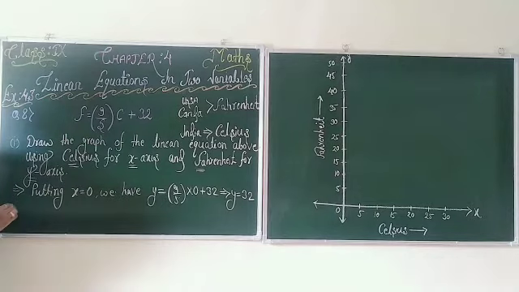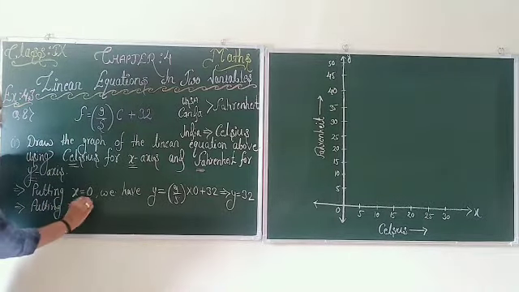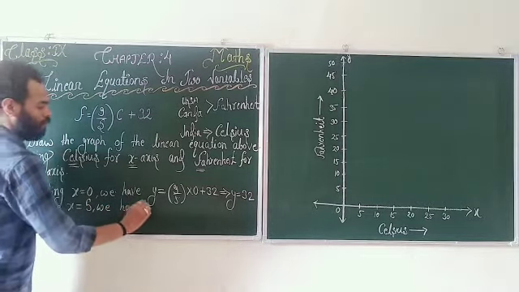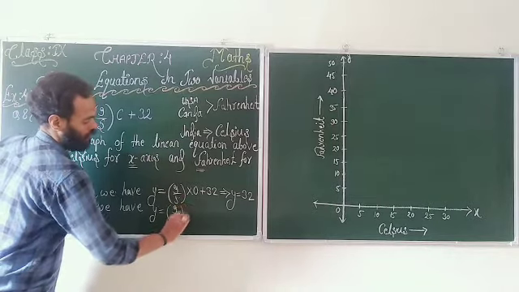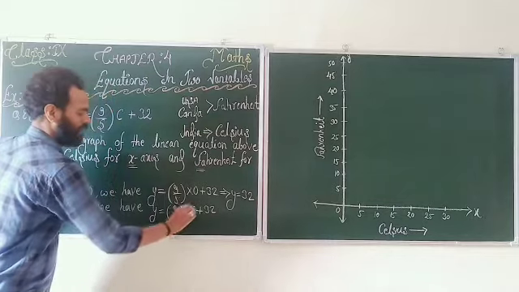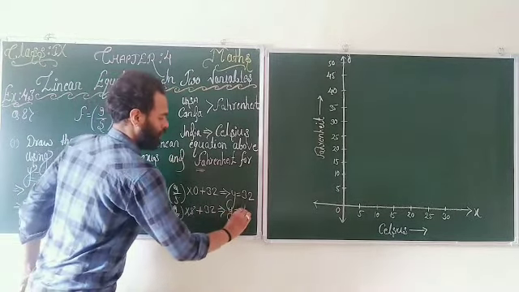If we put x equal to 5, we have y is equal to 9/5 into 5 plus 32. Here 5 is cancelled by 5, and 32 plus 9, y is equal to 41.